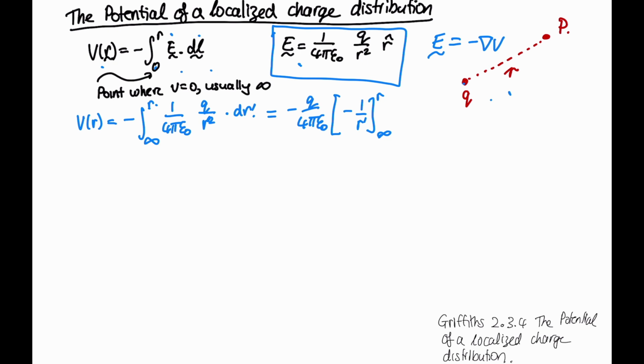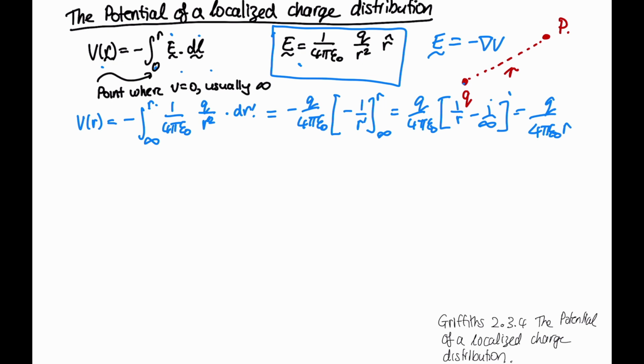And so this is equal to q over 4 pi epsilon naught times, because those negatives cancel out, 1 over r minus 1 over infinity, and 1 over infinity is 0. So this is equal to q over 4 pi epsilon naught r.